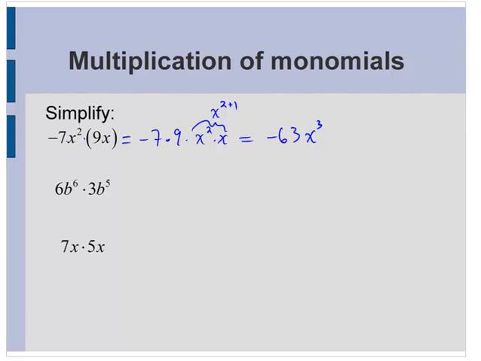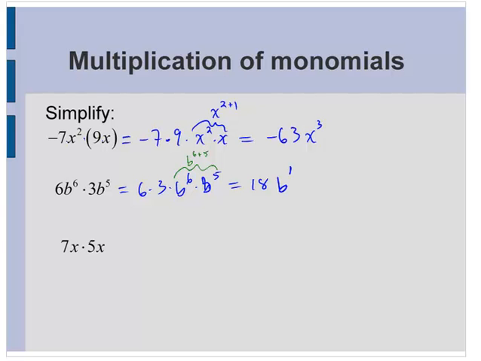Why don't you try these other two on your own? Six b to the 6th times 3b to the 5th. Rearranging, I'd have 6 times 3, I'd have b to the 6th times b to the 5th. 6 times 3 is 18, and b to the 6th times b to the 5th would become b to the 6 plus 5.